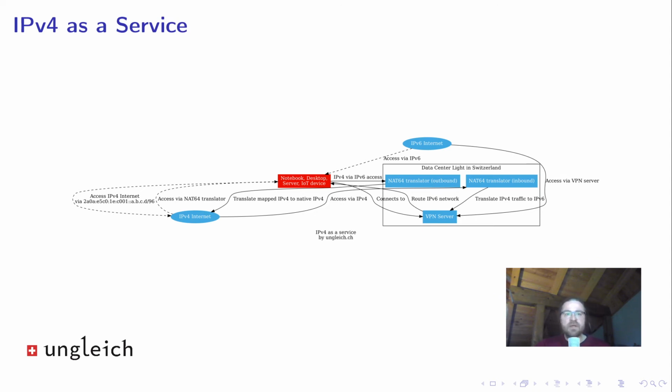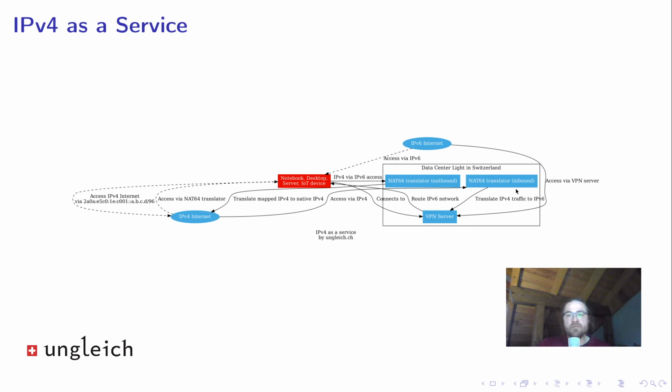So let's have a look at how the IPv4 internet can address an IPv6-only host. It does as follows. The IPv4 internet connects to the mapped IPv4 address and goes to the inbound NAT64 translator.